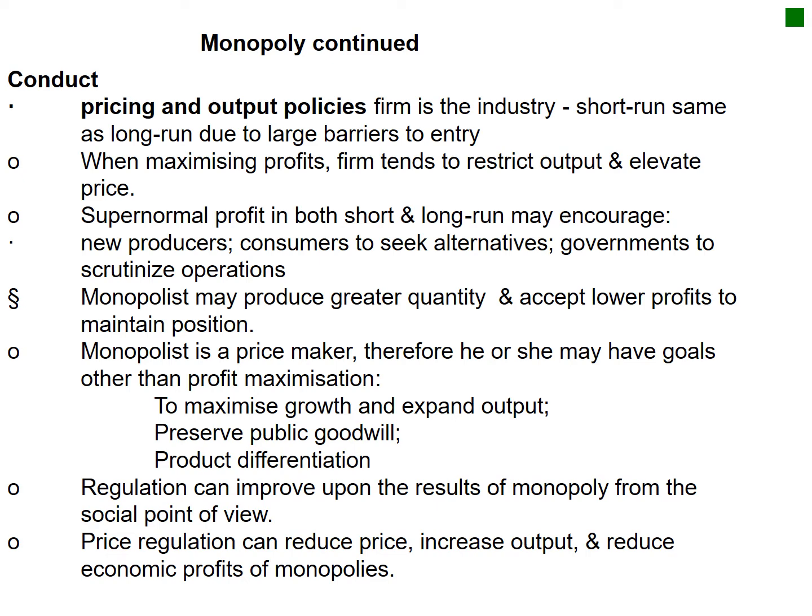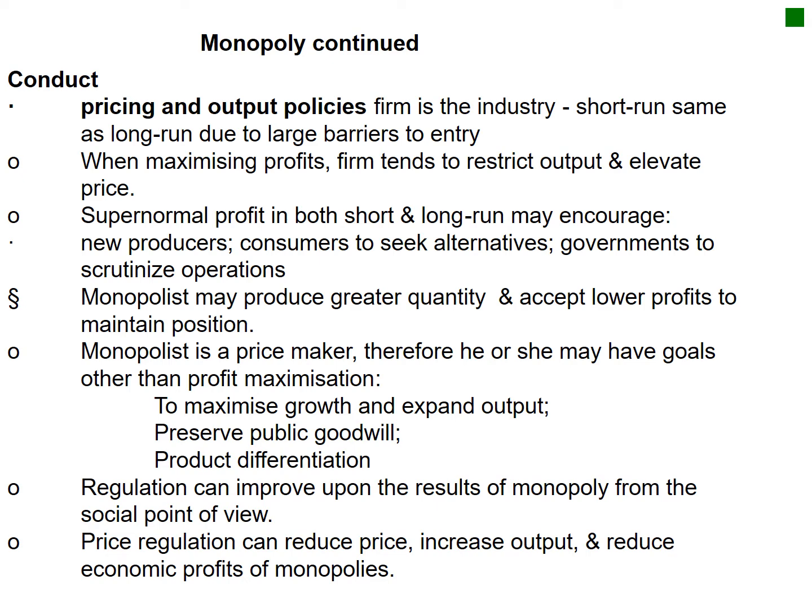We can have supernormal profit in both the short run and the long run, but it may encourage new producers or consumers to seek alternatives or governments to scrutinize the operations. A monopolist may indeed produce greater quantity and accept lower profits to maintain a position or to prevent the government from breathing down their back and having antitrust laws and so on.